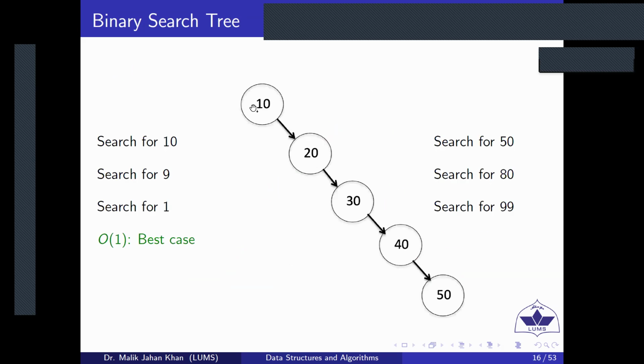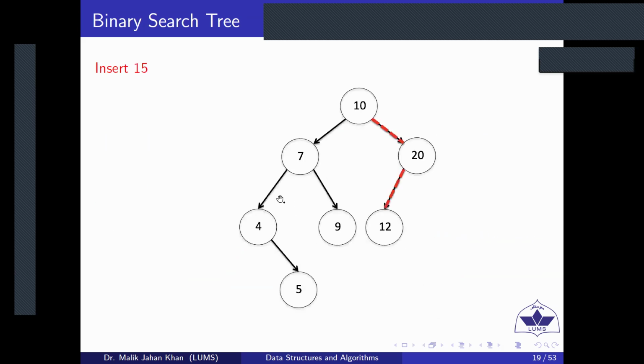If I try to insert 2 over here, I can get that 2 added just on left of 10 very quickly. So our best case scenario is going to be big O of 1. But if I have to add 100, I will have to crawl through the whole tree and insert 100 towards right of 50. That means that in the worst case, we'll have to go for big O of n operations in insert.